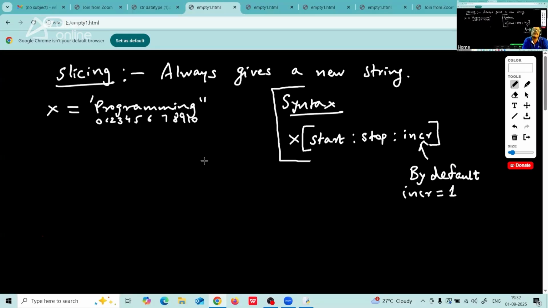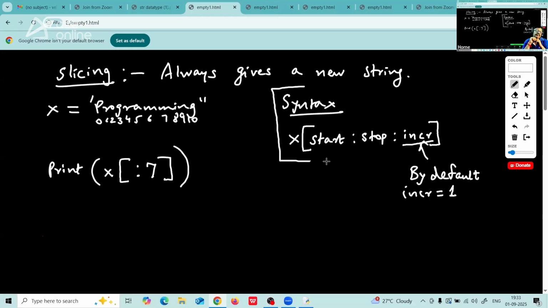Now starts the fun part in slicing. I hope you got trained enough about this increment. Okay. Now, what if you don't give start? You don't want to give start. Just imagine I write like this: print x square bracket colon 7, colon 7 bracket close.